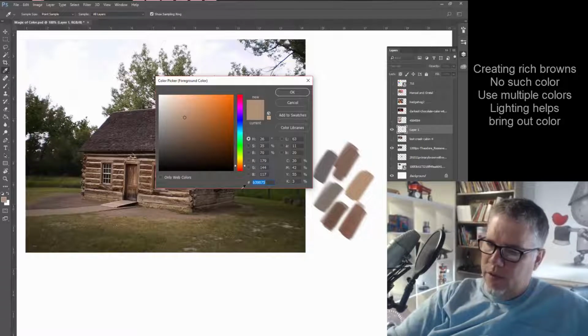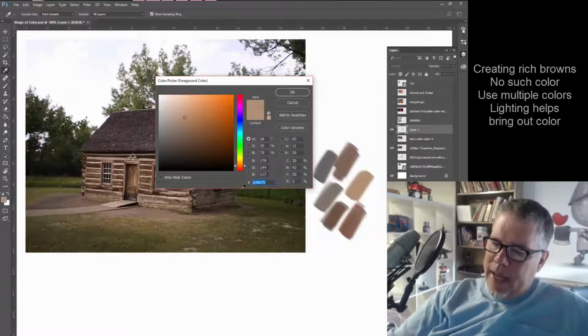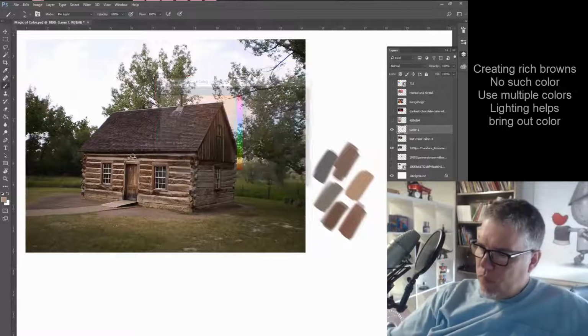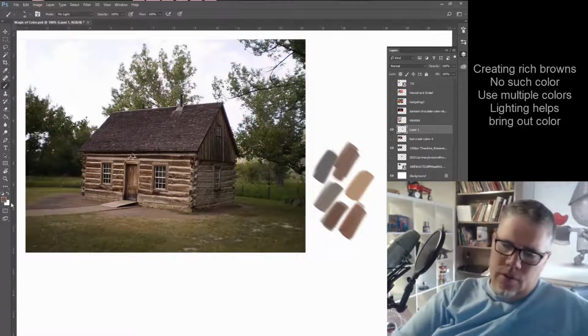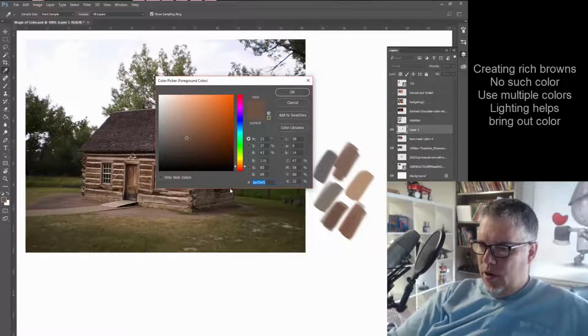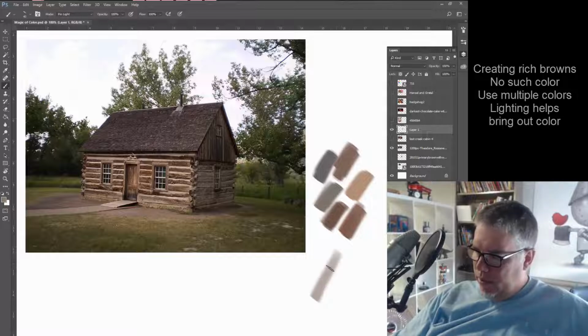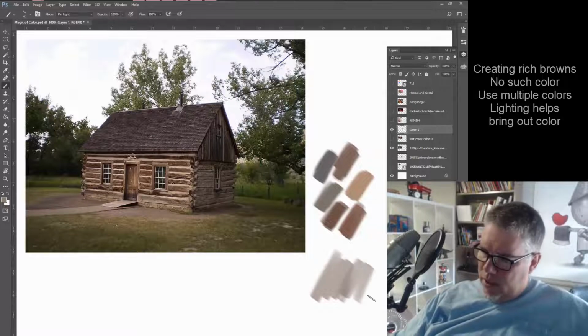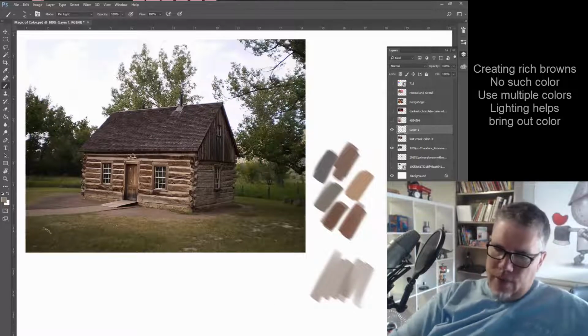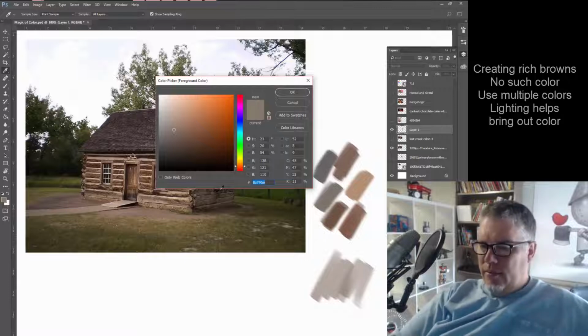It's got tons of white mixed in and tons of black. Again, here's the pure color up here. How about this one? Yeah, they're all really neutralized. You can even call these grays. I mean, is that gray or is that brown? Well, it's got mostly white and black, but it's got a little bit of color.